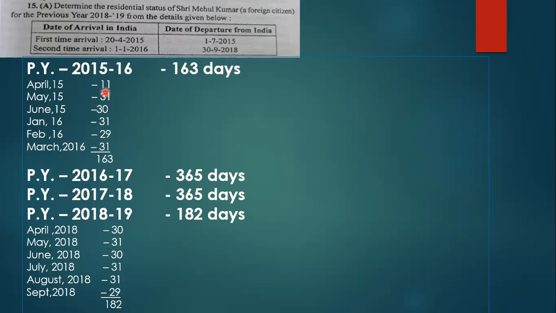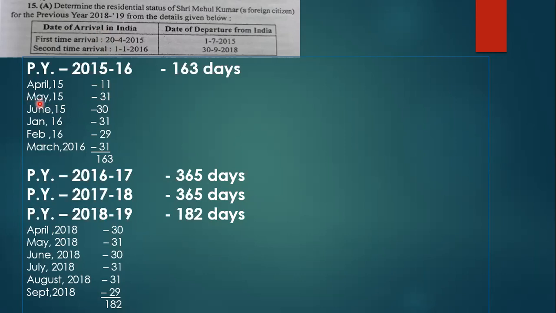But we will calculate and include the arrival day itself. So he arrives on 20, so we can calculate 20, 21, 22, 23, 24, 25, 26, 27, 28, 29, 30. There are 30 days in April. So the number of days of stay in April is 11.